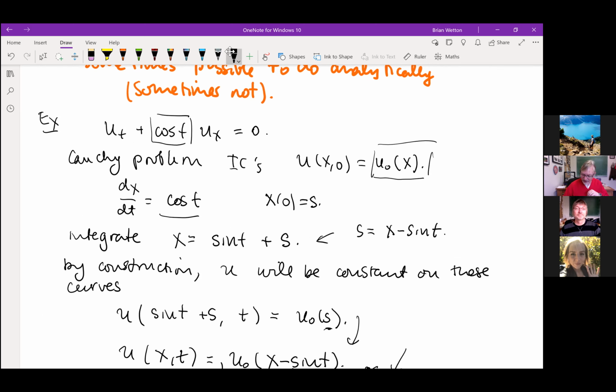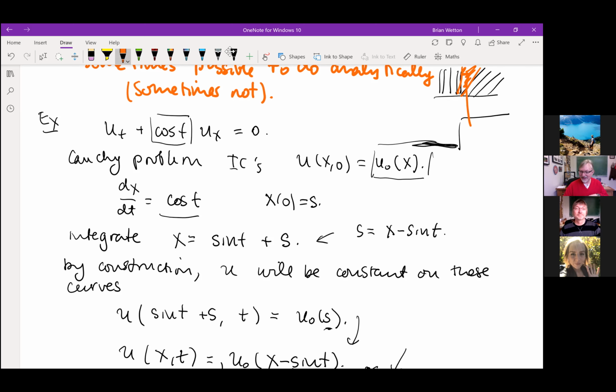Well, let's just think, right? I could have a speed 1 over here and speed 0 here. And then you could see my characteristics would look like this, but straight up over here. And there would be a gap in the middle where there was no solution, right? No solution in here because there's no information coming from the initial conditions in that point.